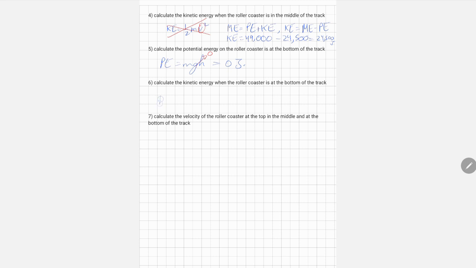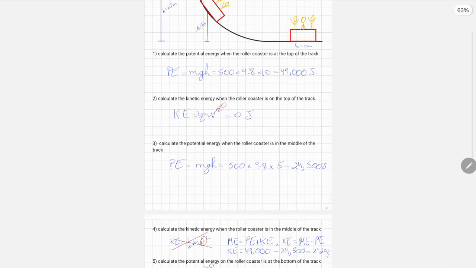So here we can calculate the kinetic energy just like before. We will say that it's the mechanical energy minus the potential energy, and we know the mechanical energy. The mechanical energy from before is the total energy that we had. And this is always the same.